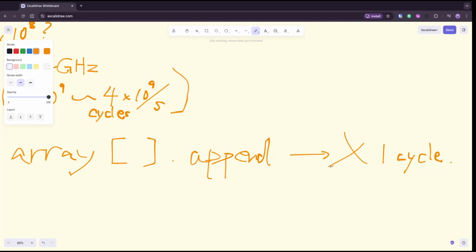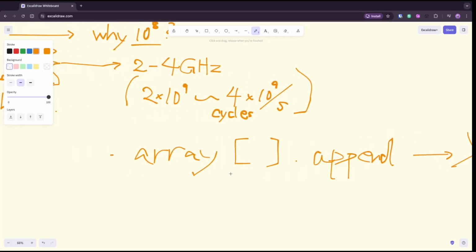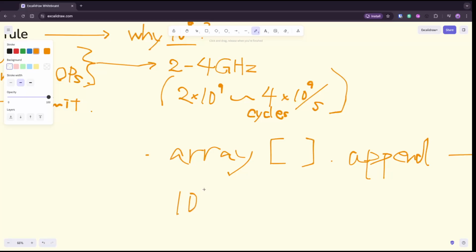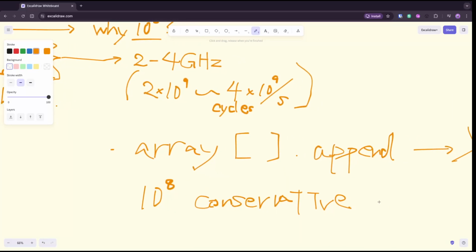It involves multiple low-level instructions, for example, cache fetches and branch checks, etc. So to ensure a solution passes across different judge environments, we use 10 to the power of 8 as a conservative estimate.